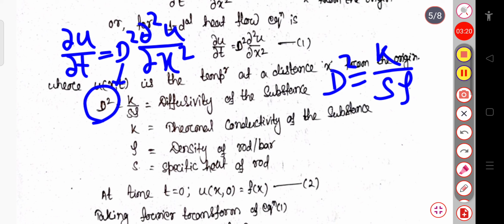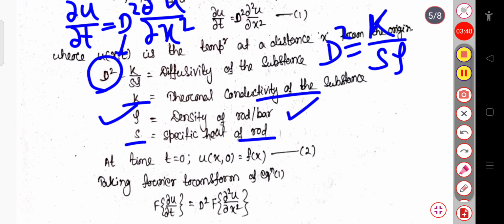And capital K represents the thermal conductivity of the substance. Rho here is the density of the rod, or the bar we have considered, and S represents the specific heat of the rod.